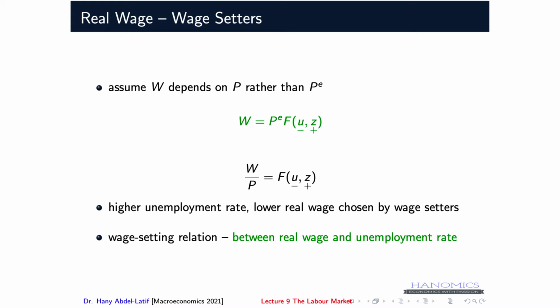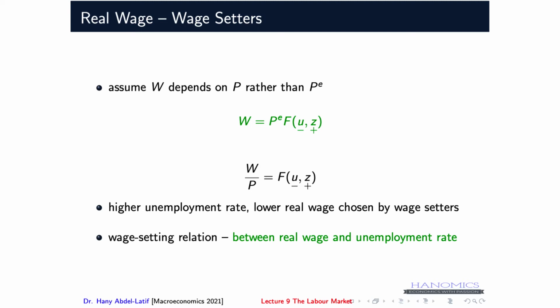So why am I doing this? Because I want to get an expression of the real wage. Remember what we said before? We said workers and firms, what do they care about? Do they care about nominal wage or more about real wage? So that's what we are after now. We want to look at the real wage. So from here, what I did just now, you divide by the price level.